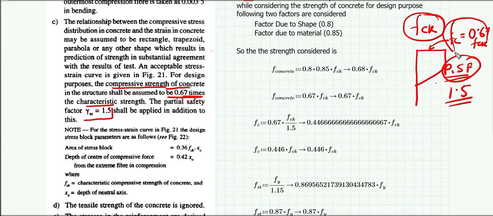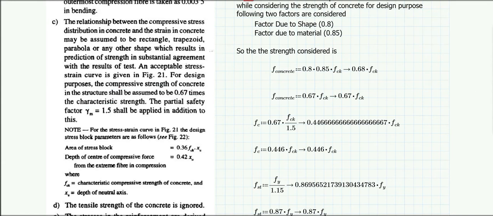Now let's see why, for concrete of characteristic strength FCK, we do not consider the strength as FCK, but we consider a reduced value of FCK, that is 0.67 times FCK. Why is that? For this, we consider two factors. One is the factor due to shape and the other is the factor due to material. As you can see in day-to-day life, all the concrete sections like a beam or a column, suppose this is a column, suppose this is a beam, all look like a cylinder, not like a cube.